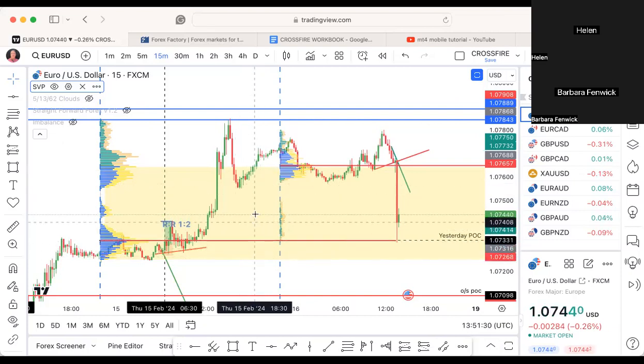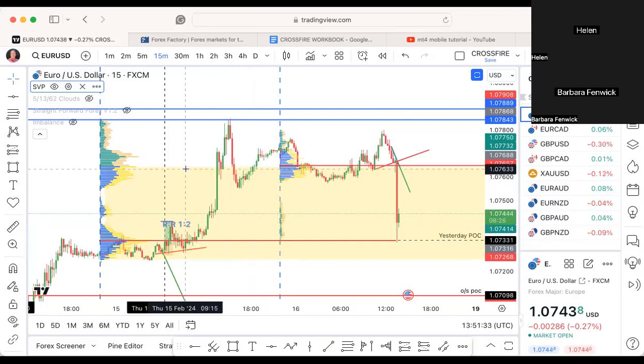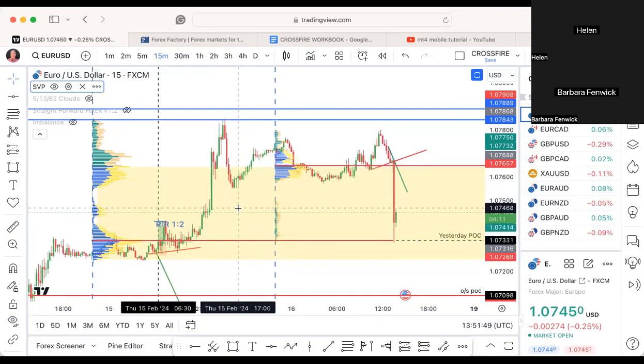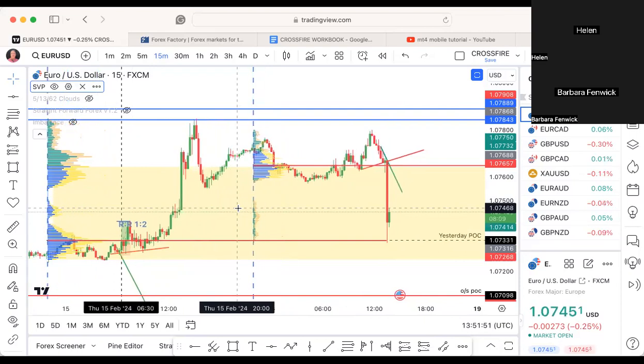So your best trades would be taking trades from that point there back down to the POC, because if you're taking trades from the bottom of the value area back up to the POC, there probably wouldn't be enough pips. I haven't measured them, but that's what I'm looking at there.